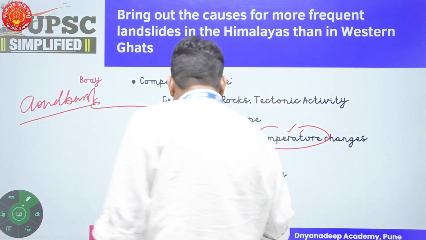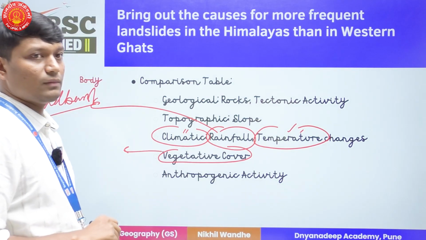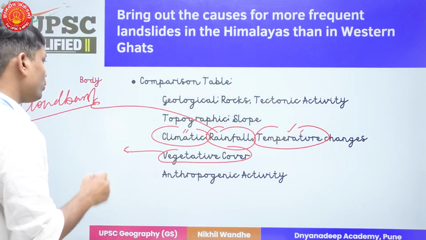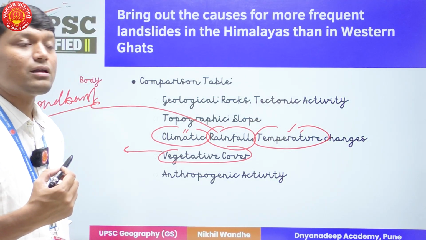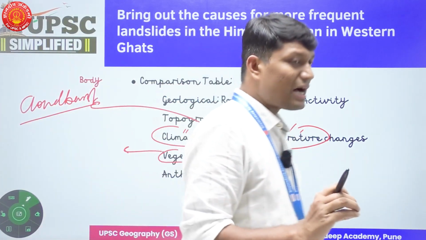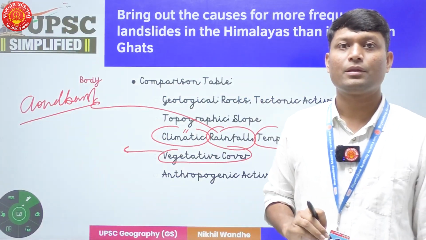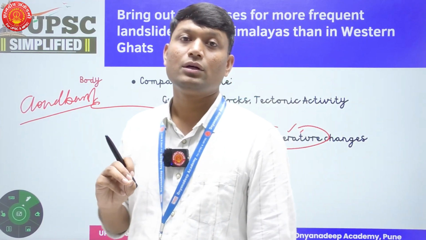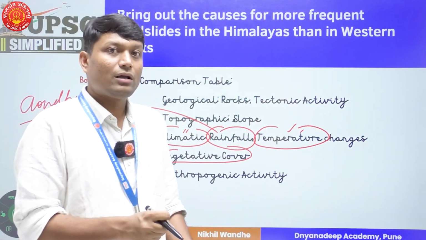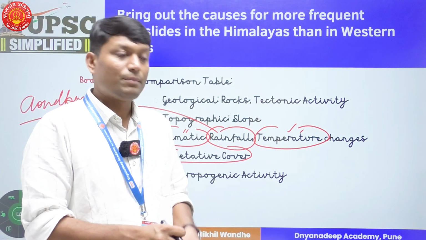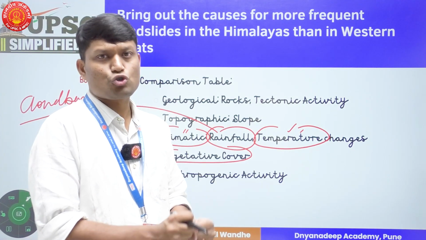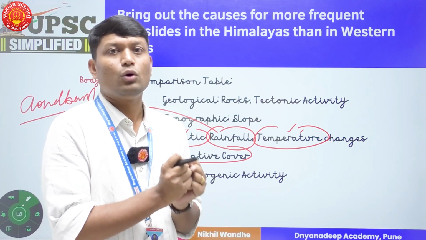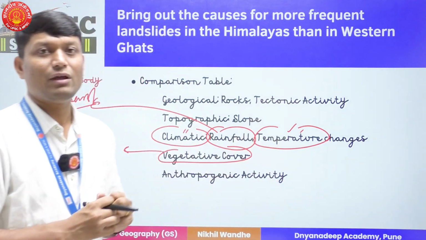Let's talk about vegetative cover. In vegetative cover, we need to address one important fact, that Western Ghats have dense forest. And if there is a good vegetative cover, it will protect the land from any movement. There will be a stronghold of roots and it will hold that landscape very well.